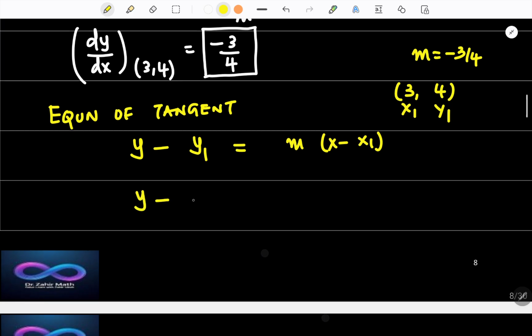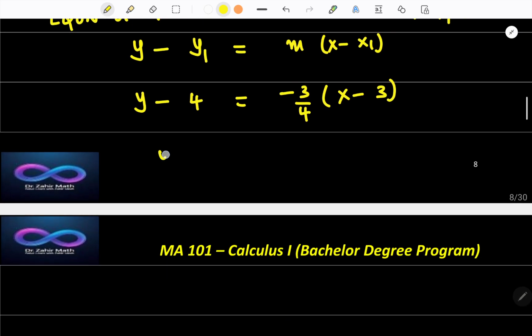So y minus 4 equals minus 3 by 4 times x minus x1, and x1 is 3. You need to write it in the equation form, just multiply: minus 3 over 4x, and then minus of minus is going to become plus, so 3 by 4 times 3.